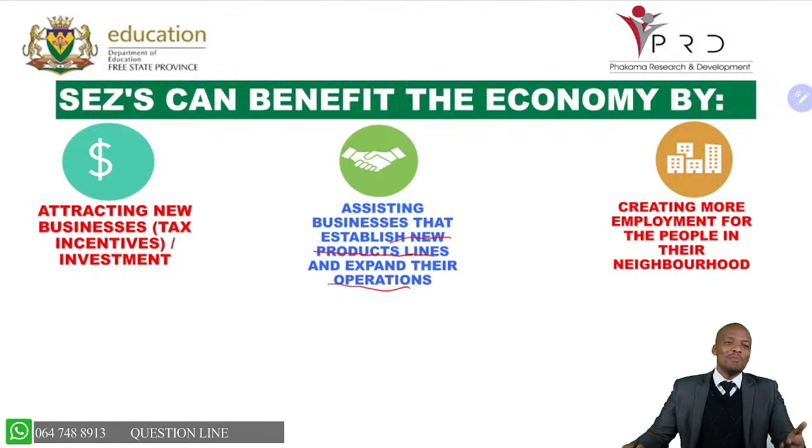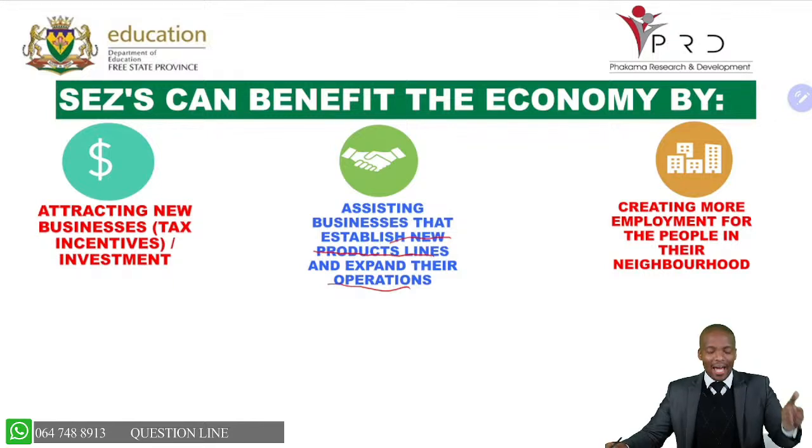If it was proudly manufactured in South Africa, or is a proudly South African product, then you can also say we have made it on an international landscape through our new product lines. So that is why we need these special economic zones.